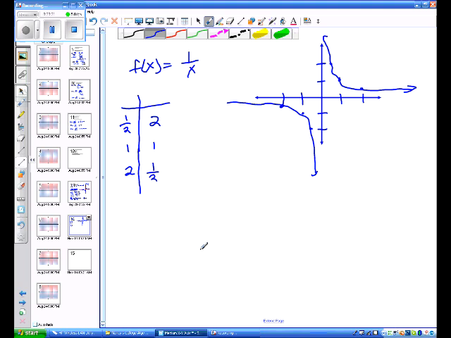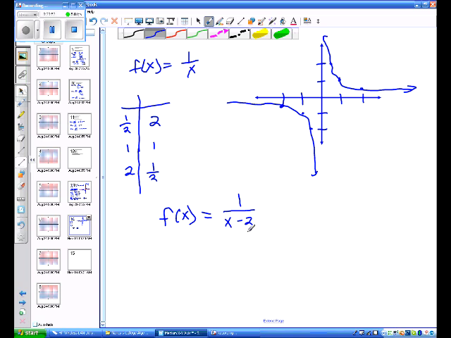So if we were going to do transformations, we would do them in the same way that we did all of our transformations. If we have f of x equals 1 over x minus 2.